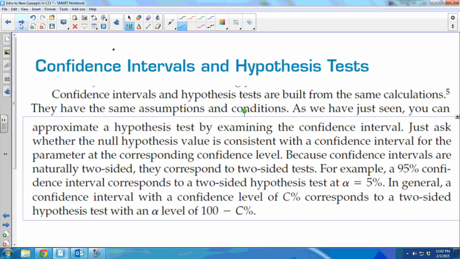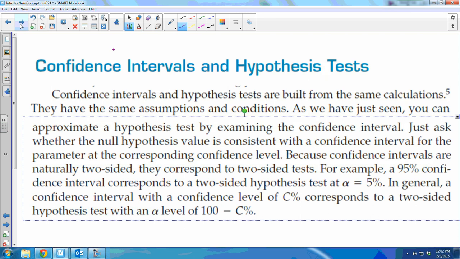We're going to fail to reject. If your p ends up being outside of that interval, well, that might be important. Your 95% confidence is in this interval, but it falls outside. So then maybe you have evidence to suggest that you could reject the null hypothesis. So you can use a confidence interval.